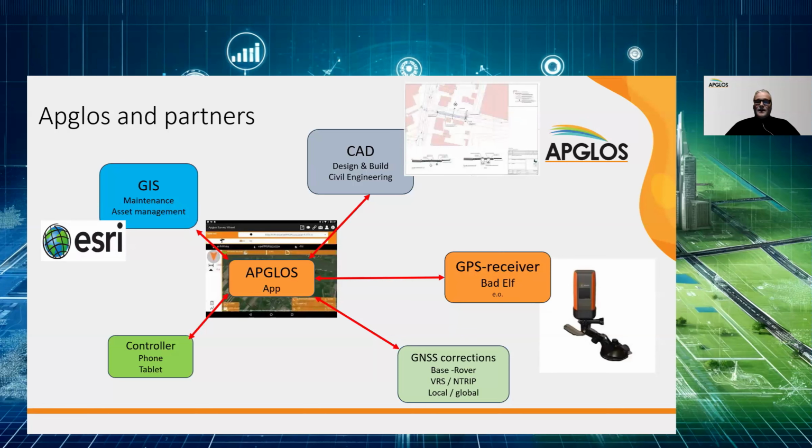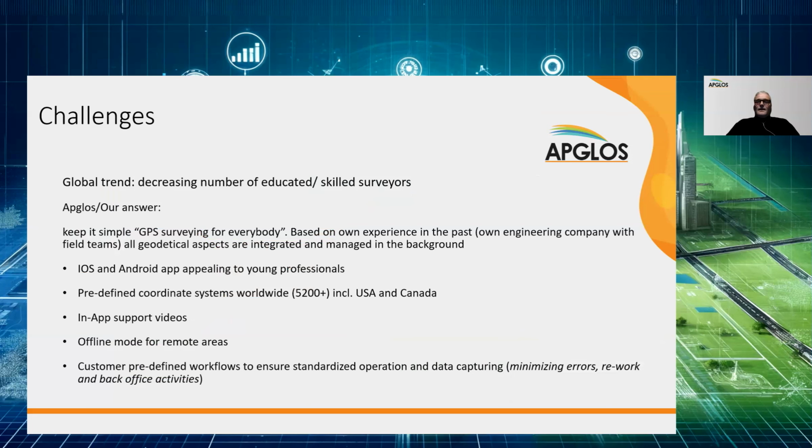Within this APGLOS Survey Wizard, which we built, you can put your GNSS corrections like a base rover setup, and you can enter your NTRIP data, local or global. And I put a nice Bad Elf Mini Flex on the right, which is a GPS receiver, which you also need. Let me go to the next slide.